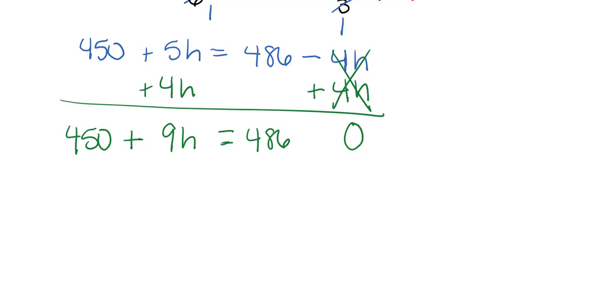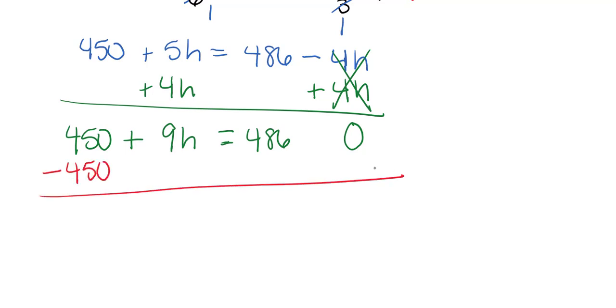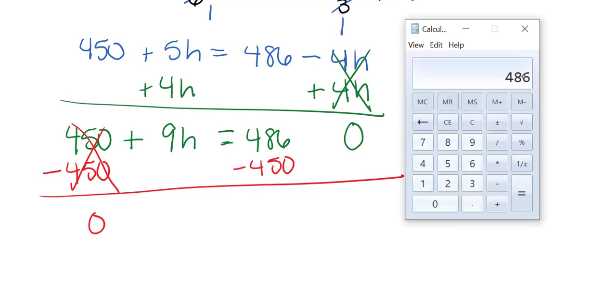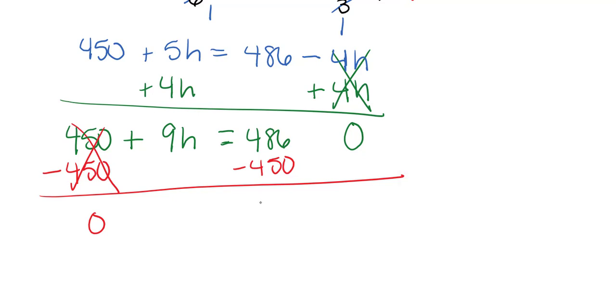Now, the next step is to get 9h by itself on one side. So we're going to subtract this 450 on both sides. So this becomes 0, because we do the opposite, and whatever we do to one side, we do to the other. So now we have 486 minus 450, and we get 36.